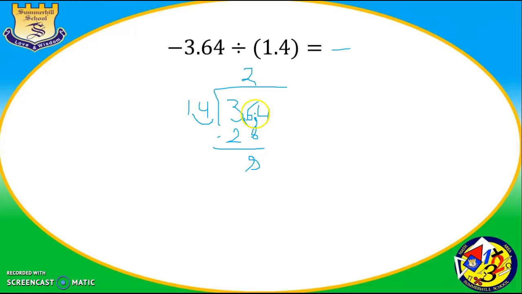Bring up the point, and now the other number is 4. 14 in 84. 6 times. 6 times 14, 84. 84 minus 84, 0. And the answer is negative, minus 2.6.